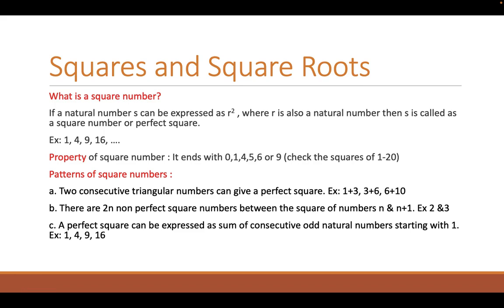Now coming to another pattern or property, what is that? It's saying a perfect square can be expressed as the sum of consecutive odd natural numbers starting with 1.